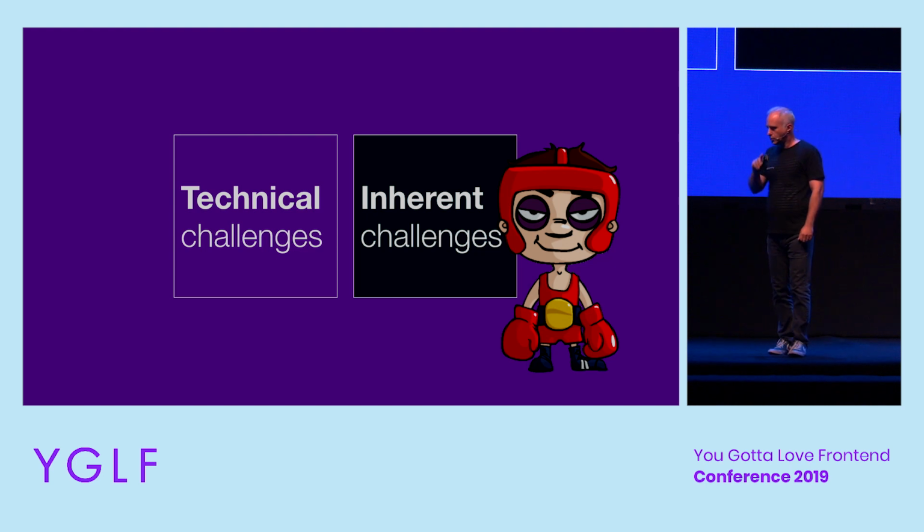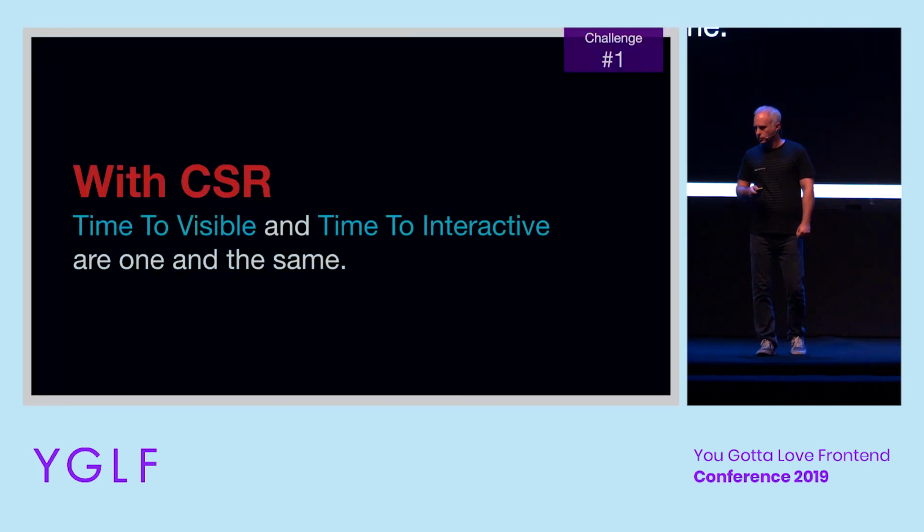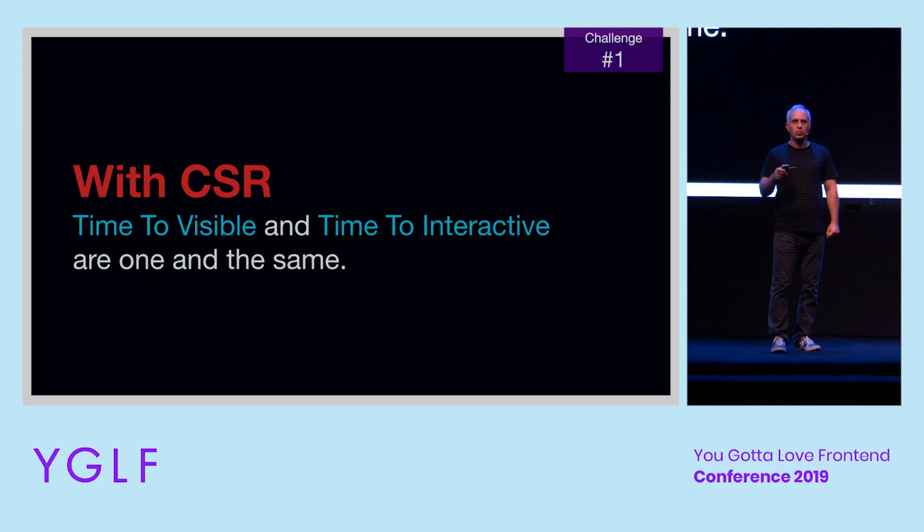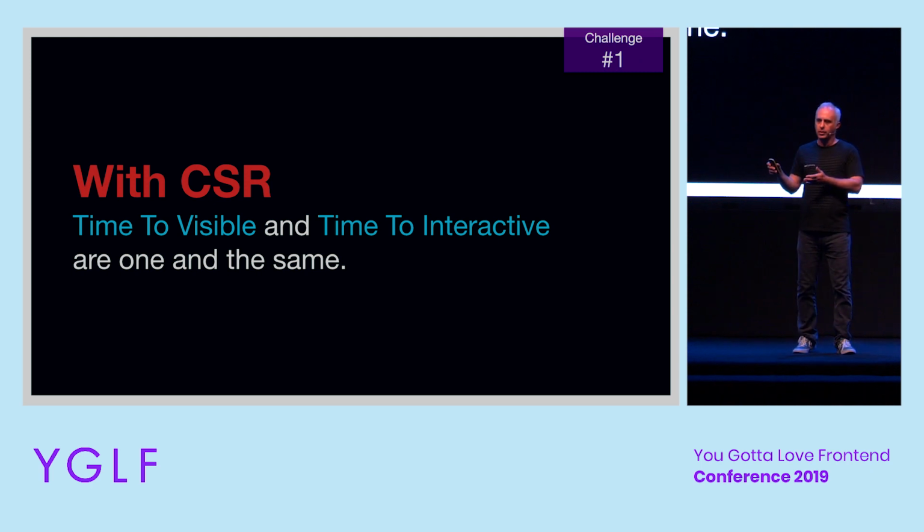Okay then, all of these problems were technical challenges. Now let's consider some of the problems that are inherent to the very approach of server-side rendering. With client-side rendering, the time to visible and the time to interactive are essentially one and the same. That is, you get the blank HTML page, you run the JavaScript code, it generates the HTML and the DOM, and it's instantly visible and interactive, meaning that if there's a button, you can click the button.